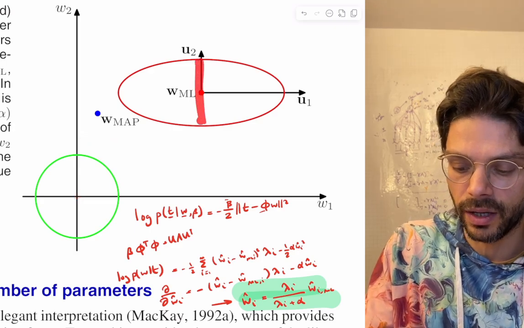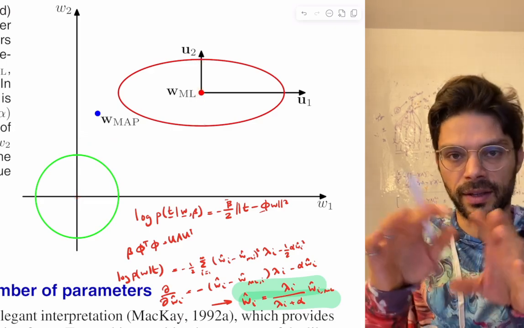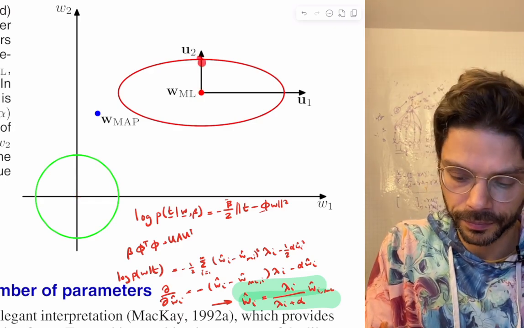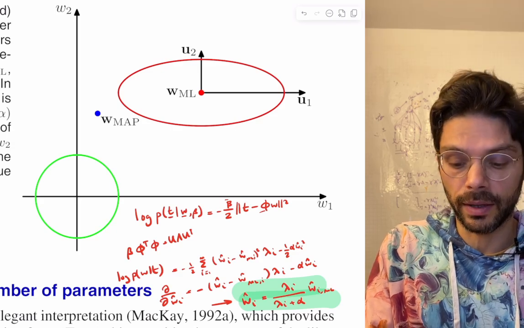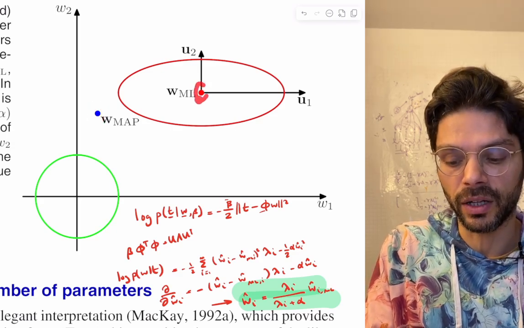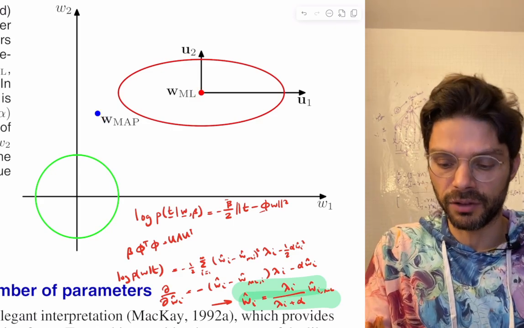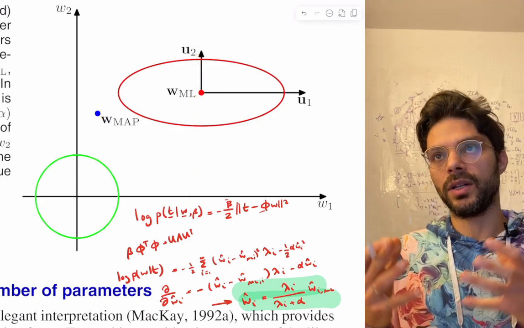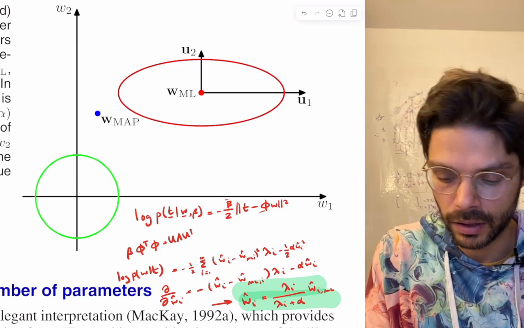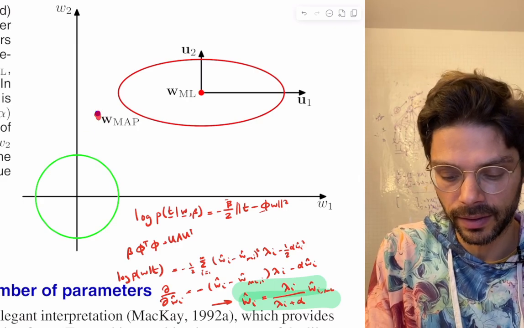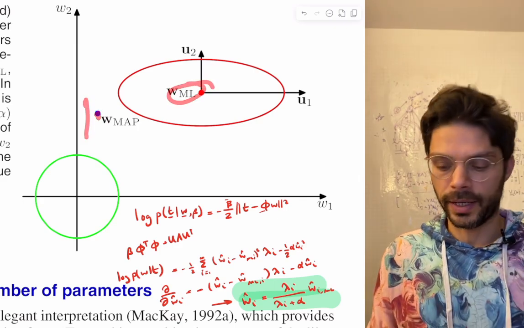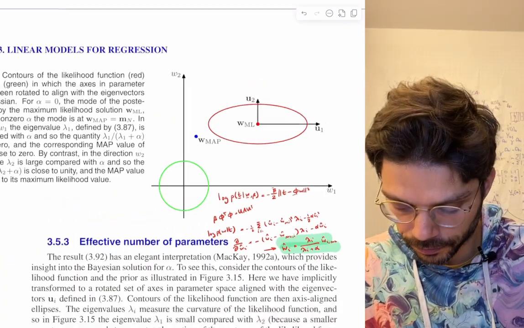But in this coordinate, we have a lot of precision, so you can see that the curvature is high. And so the MAP value is very close to the maximum likelihood value. So in this direction, the data is really constraining us. The MAP value in the y coordinate is very close to the maximum likelihood value. That's kind of what this is all about.